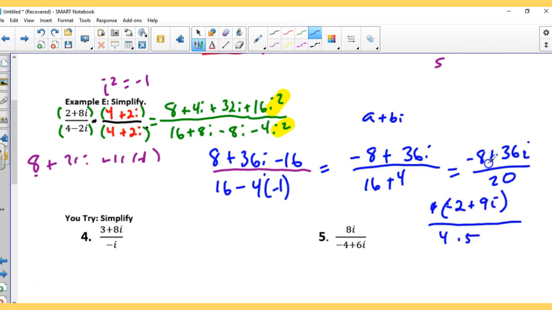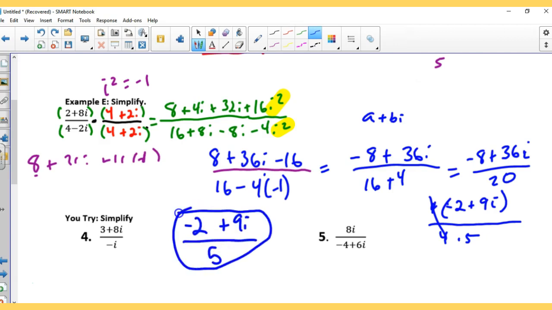And 4 times -2 is -8, and 4 times 9i is 36i. So the 4s are going to cancel. I'm left with -2 plus 9i all over 5. Okay, this is our final answer.